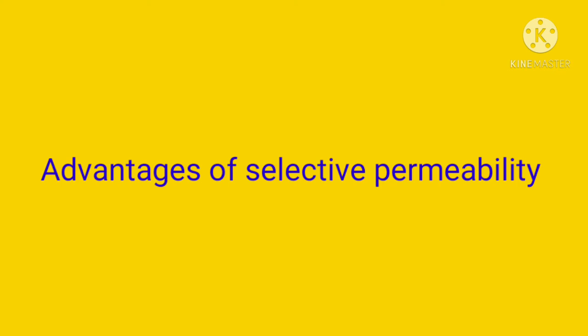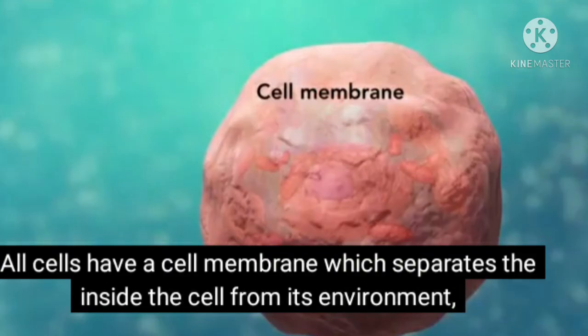Selective permeability of the plasma membrane ensures, number one, the useful molecules enter the cell. Number two, the metabolic intermediates remain within the cell. And number three, secretions and waste leave the cell. Selective permeability of the plasma membrane helps the cell to maintain homeostasis.